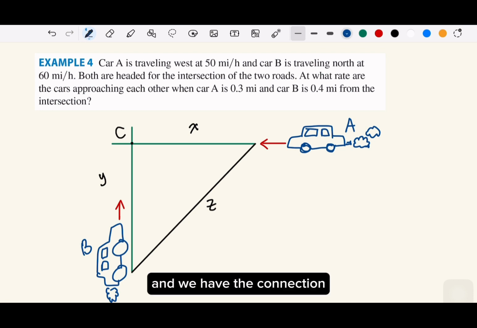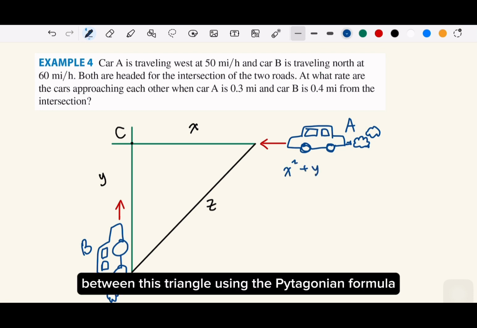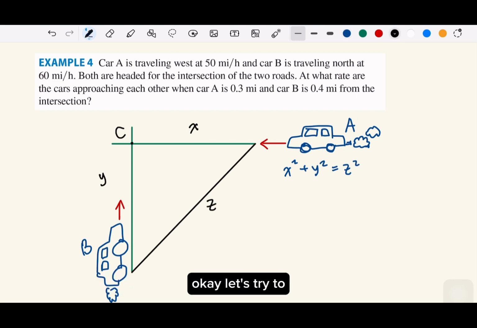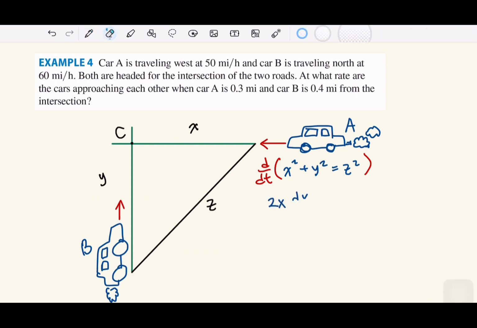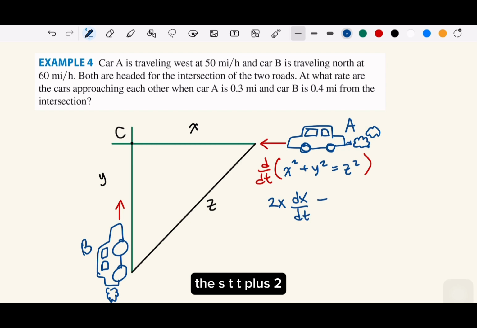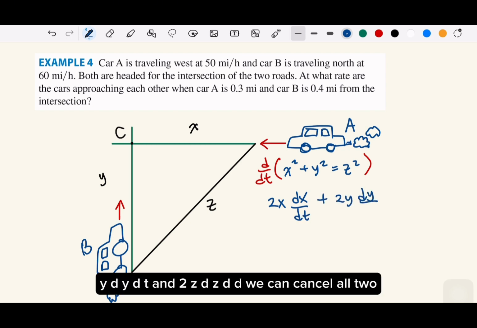And we have the connection between this triangle using the Pythagorean formula. Okay, let's try to take this derivative with respect to t. This will get you to 2x dx/dt plus 2y dy/dt and 2z dz/dt.